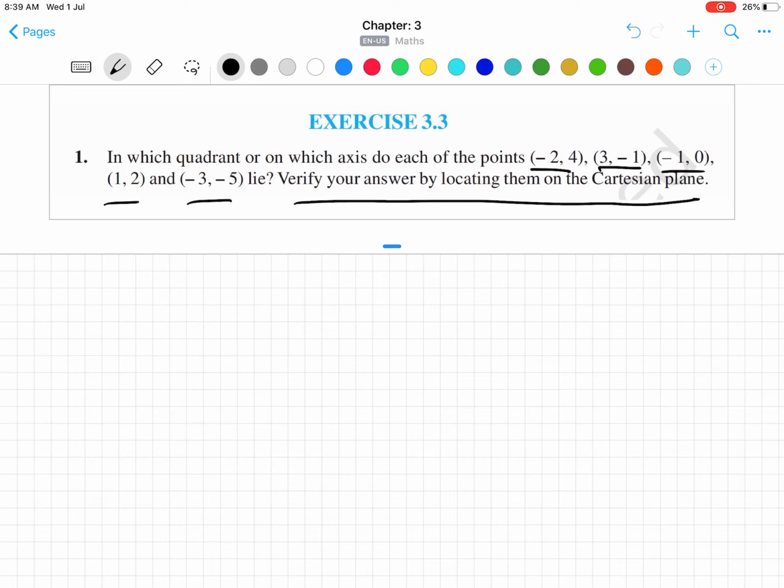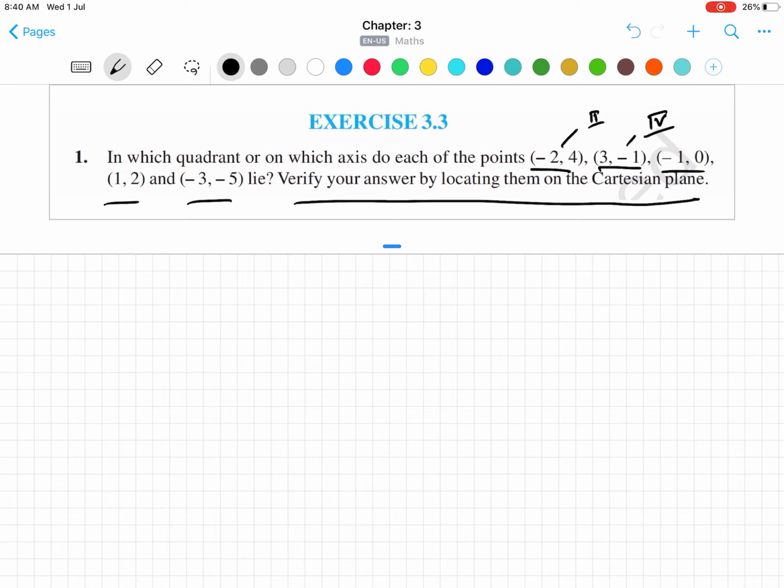Since this point has a negative value of x and a positive value of y, it should be in the second quadrant. Then the second point is x = +3 and y = -1. So we have x positive and y negative, which is the fourth quadrant. Then we have x = -1 and y = 0.